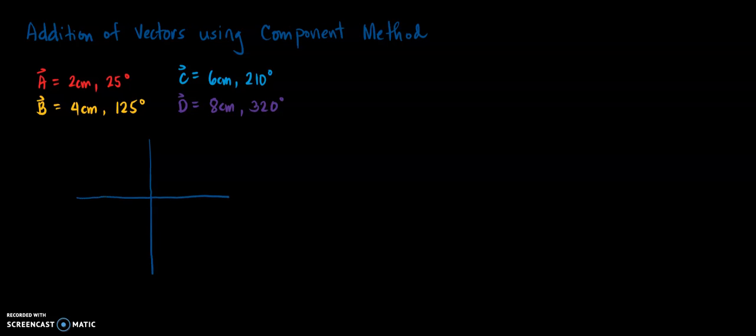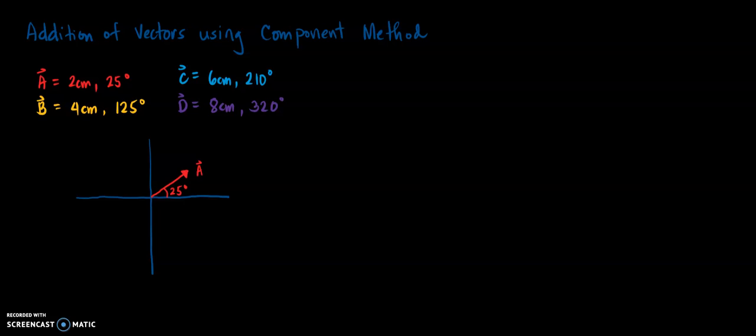Let us graph this one by one. Okay, vector A, because of the 25-degree angle, is located in the first quadrant. So this is vector A. We will graph this as an ordinary vector in the Cartesian plane, and this is 25 degrees.